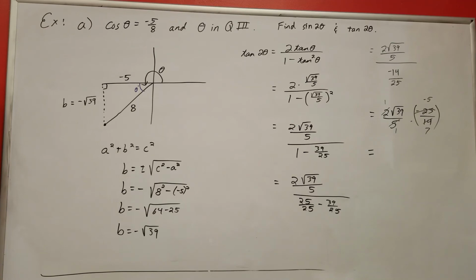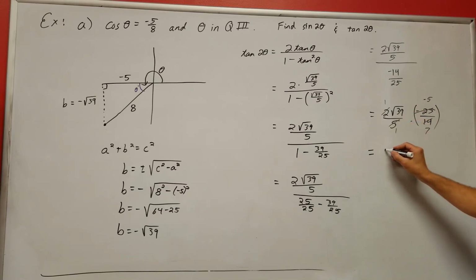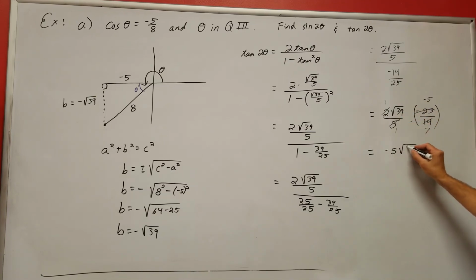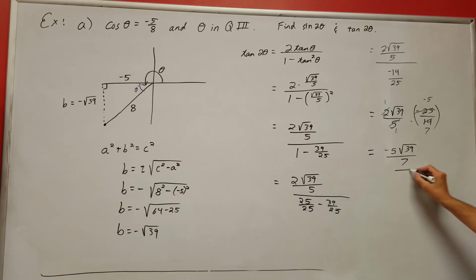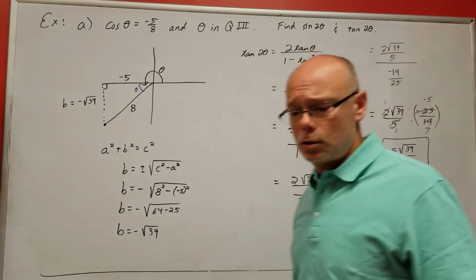So what do I have left? 1 times negative 5 times the square root of 39 is negative 5 square roots of 39, all over 1 times 7. There we go. There's my tangent of 2 times theta.